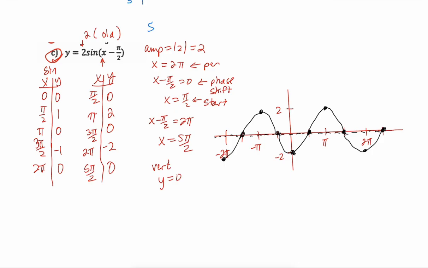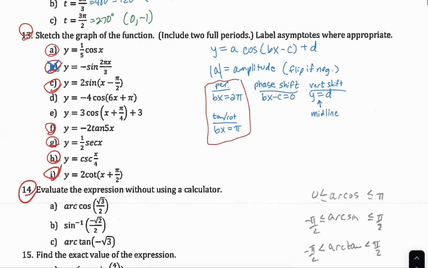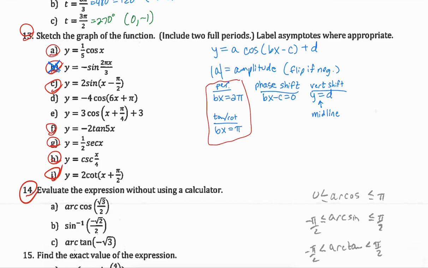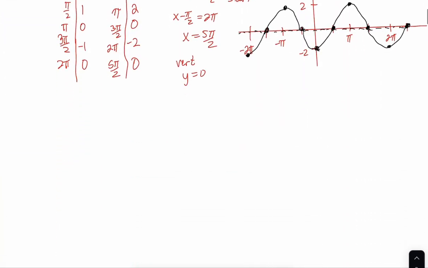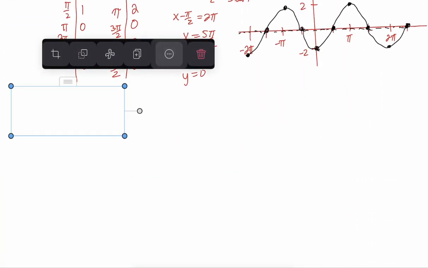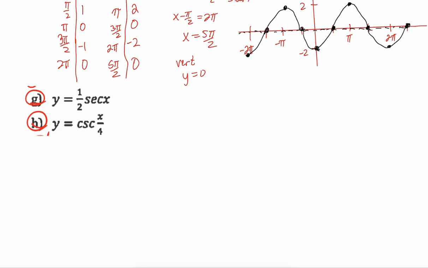Okay, so now let me go back up to my graphs. Let's do G and H, a secant and a cosecant. I'm going to start with G, a secant, half of a secant. Secants are nice. They are related to our cosine, which goes 0 is at 1. Pi over 2 is at 0.